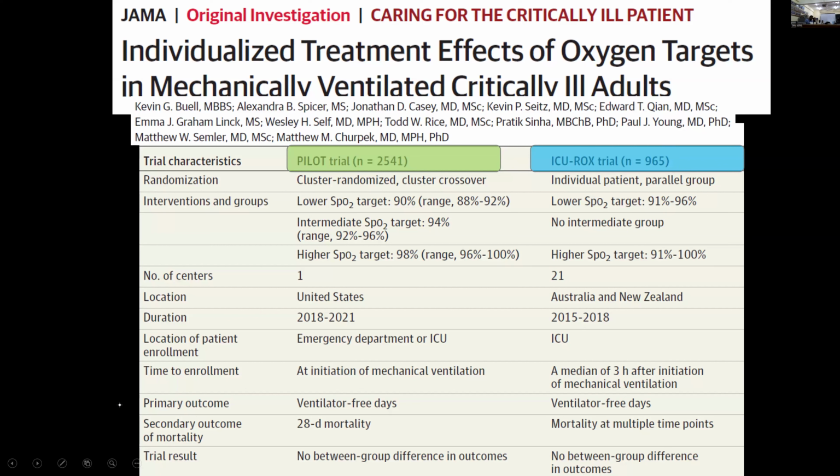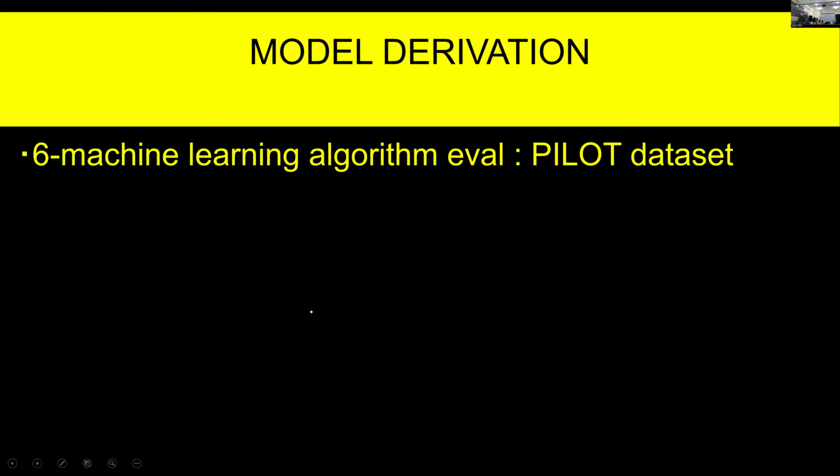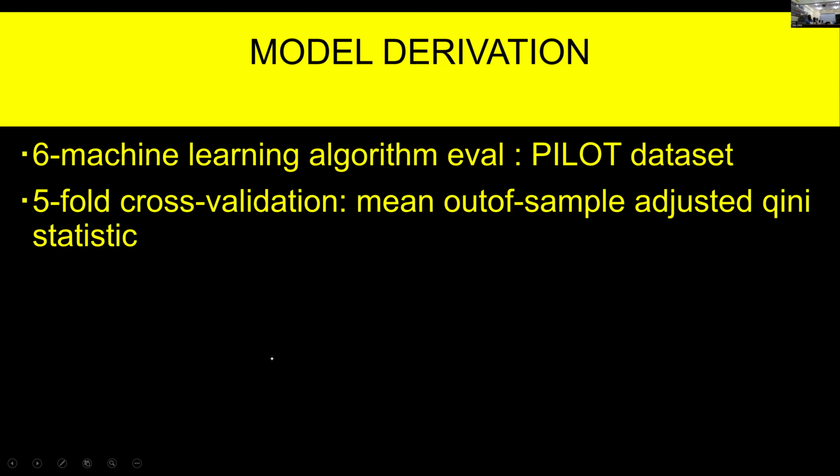Both are randomized controlled studies, but they had the data available for both of these data sets. So they ran 6 machine learning algorithms on the pilot data set. And they used a statistical technique, cross validation, and there's a Qini statistic, which is part of the machine learning evaluation, to say if the algorithm is working well or not.